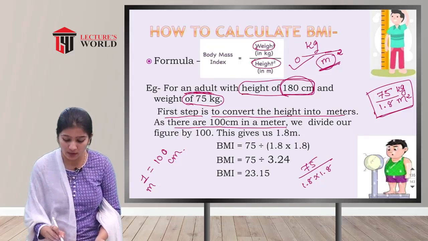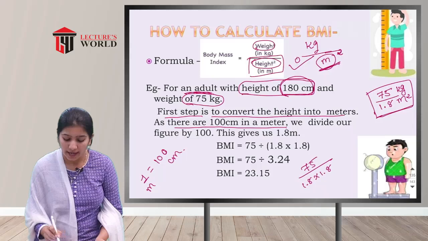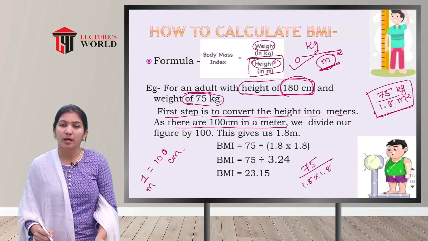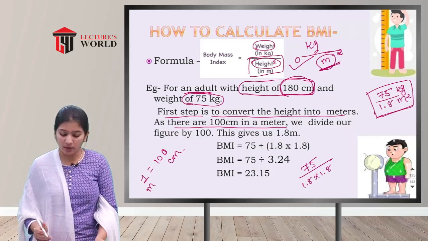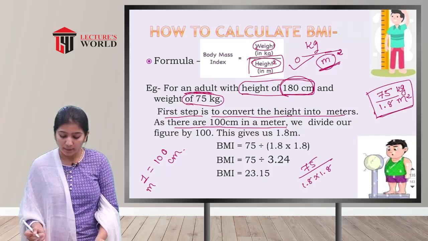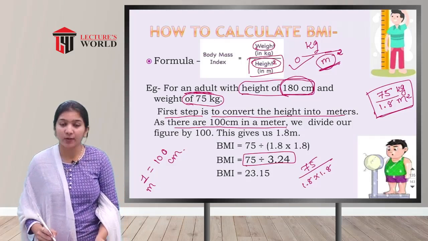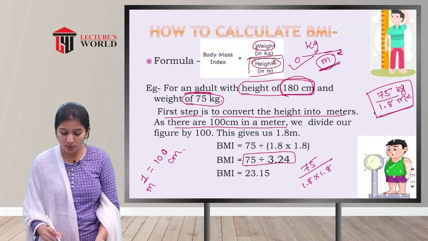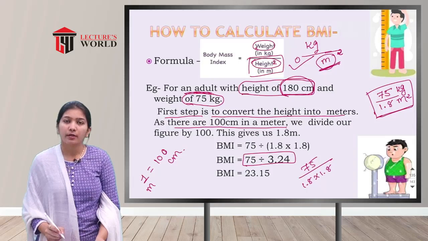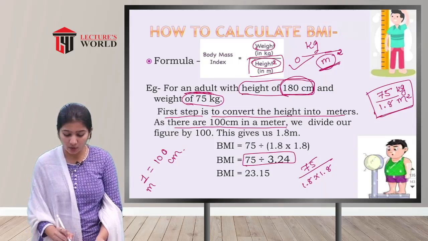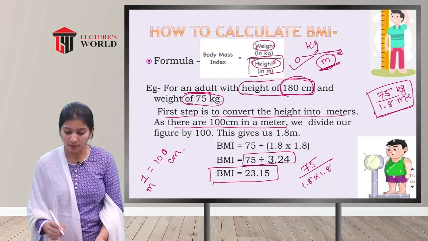Here you can see the height squared. By multiplying it with itself, we do the square. So 1.8 into 1.8 is equal to 3.24. Now you need to divide 75 by 3.24 and you will get the BMI score.